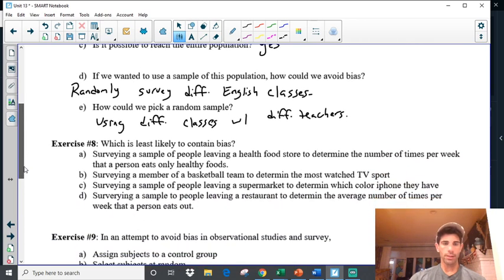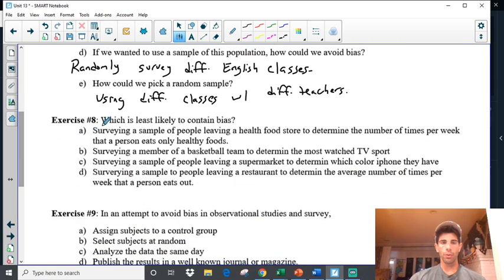Exercise 8. Which is least likely to contain bias? Surveying a sample of people leaving a health food store. Well, right there, they're probably healthy people. Surveying a member of a basketball team to determine the most watched TV sport. Well, if you're asking basketball team people, then they're probably into sports.